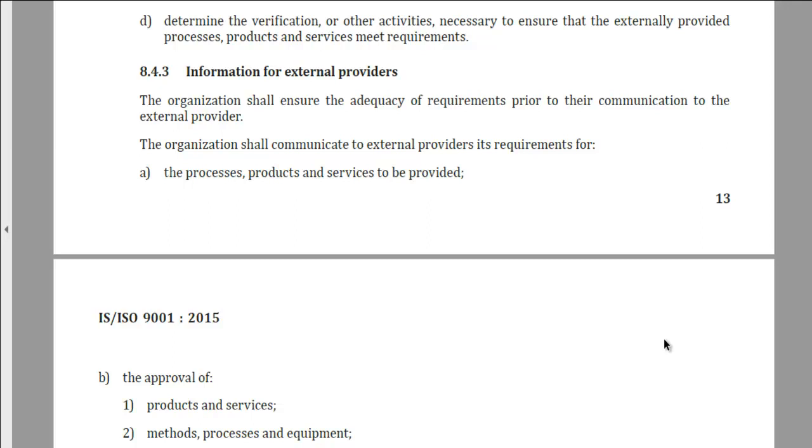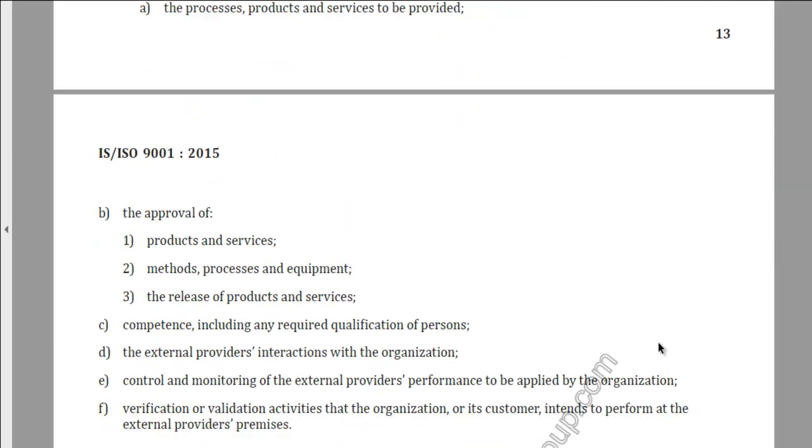The organization shall communicate to the external provider its requirements for A, the processes, products, and services to be provided; B, the approval of products and services, methods, processes, and equipment, and the release of products and services; C, competence, including any required qualification of persons; D, the external provider's interaction with the company; E, control and monitoring of the external provider's performance to be applied by the organization; F, verification or validation activities that the organization or its customer intends to perform at the external provider's premises.